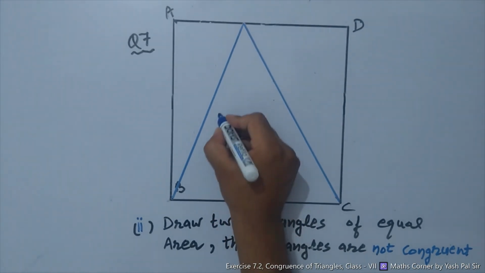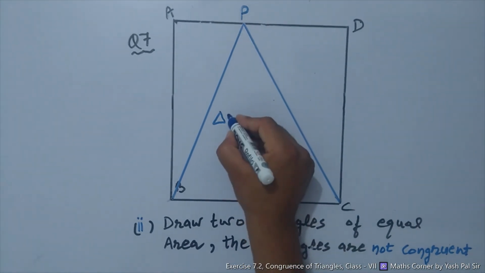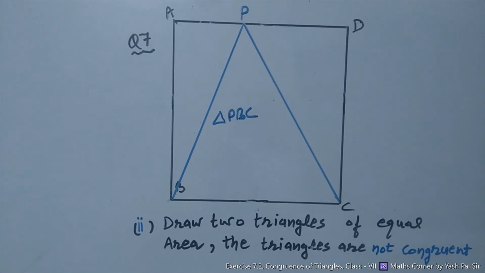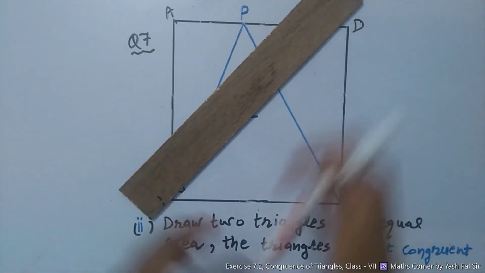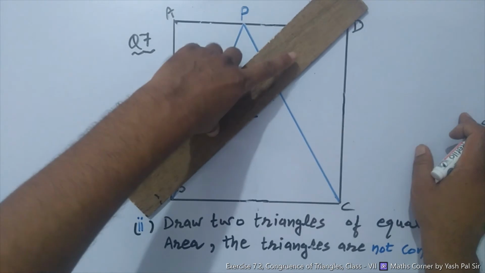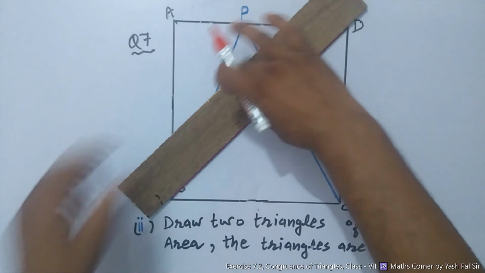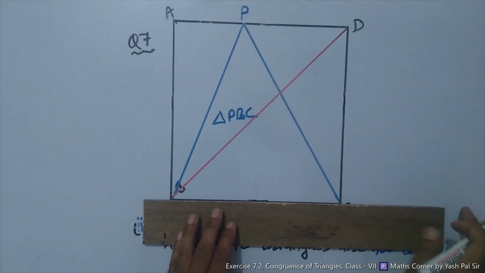Suppose the name of this is P, PBC, right? Now the second triangle we are going to draw is this way. This is the second triangle we have drawn.